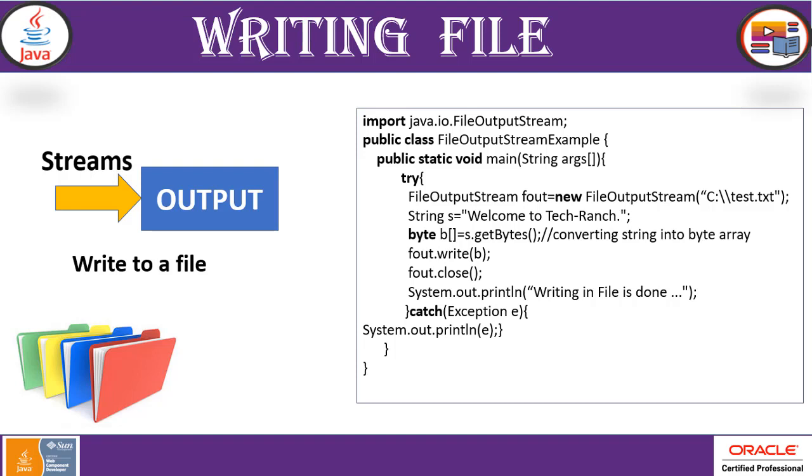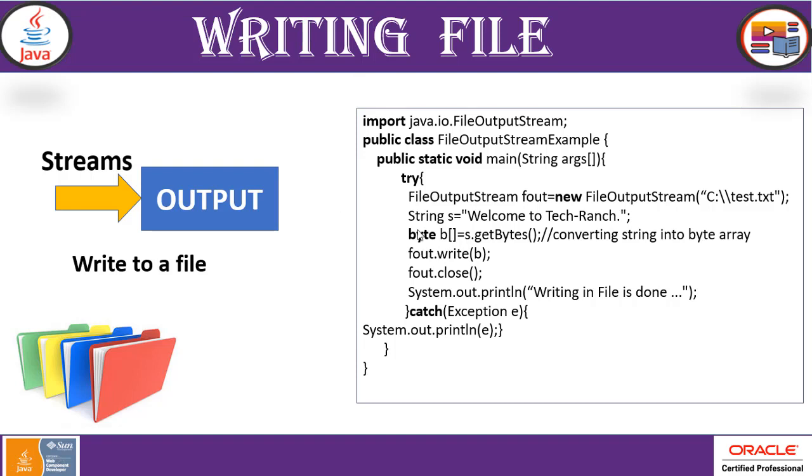Now this is the example of file output stream, example of code for writing stream in a file. So this is basically creating also a file. Since we have seen creating a file in a separate form, in this example you are creating a file and writing into a file both together.